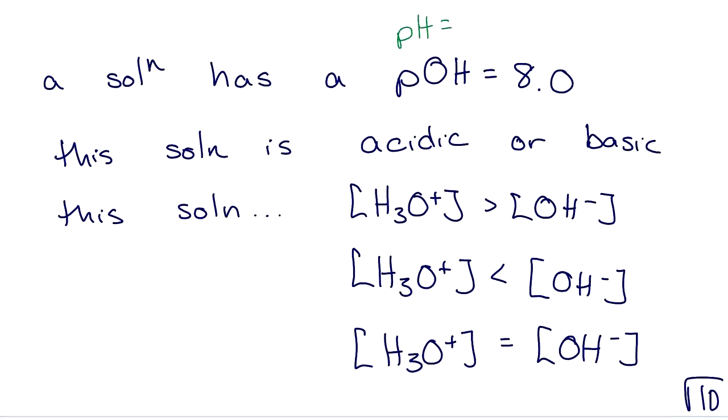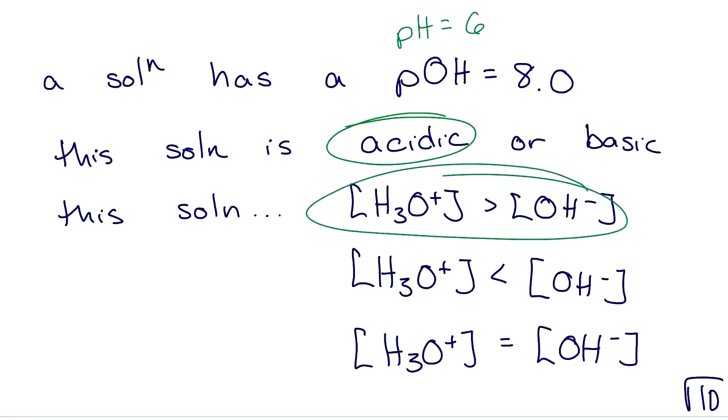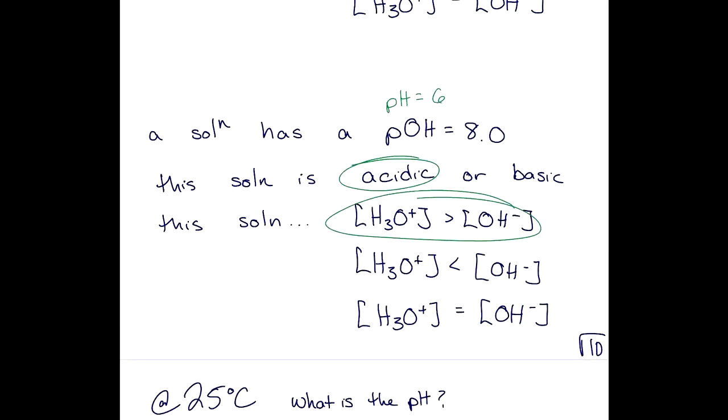Small pH numbers, acidic, larger ones, basic. So if pOH is 8, what is pH? 6? Yeah, 6. So that means this solution is acidic. And so what does that mean about this solution? What's more present? Acid. So the first one. That's what acidic means, right?